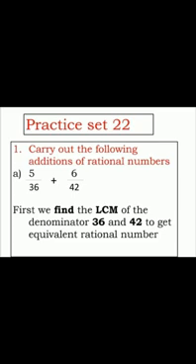Let's solve practice set 22. Carry out the following additions of rational numbers. Your first sum is 5 upon 36 plus 6 upon 42. Now here children, first we have to find the LCM of the denominators, that is 36 and 42, to get equivalent rational numbers.